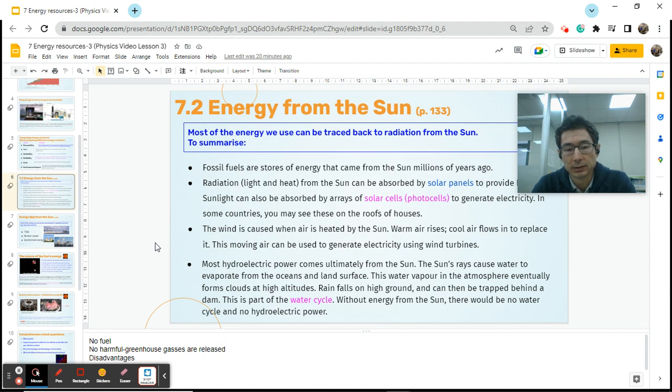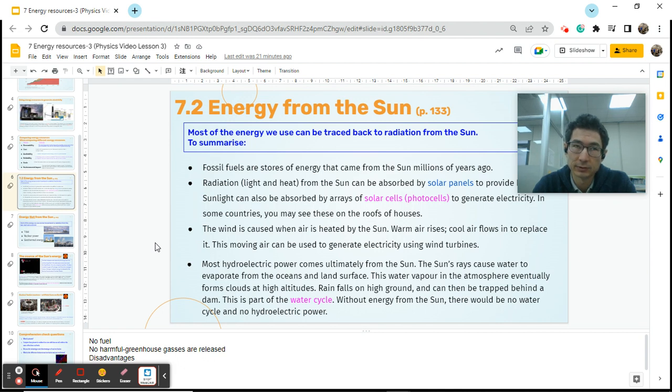Okay, hydroelectric power can also be traced back to the sun. The water evaporates from oceans, lakes, and seas, goes to the high atmosphere, eventually cools down, forms clouds, and then falls back to the earth as rainfall.